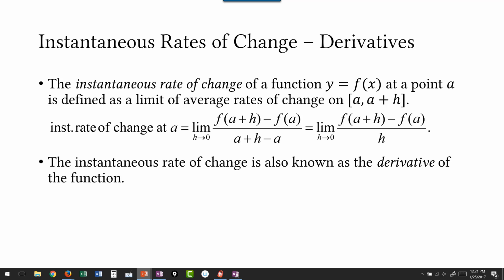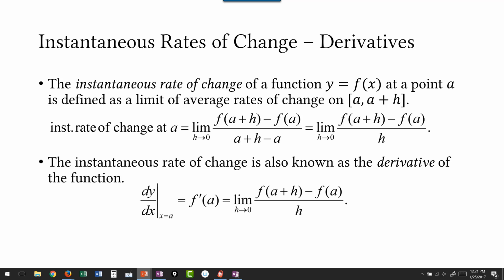Another way of describing the instantaneous rate of change is to call it the derivative of the function. So we can use a couple of different notations. On the left here, this dy dx notation is known as Leibniz notation. And then the prime notation, f prime of a, is a notation we get from Newton.